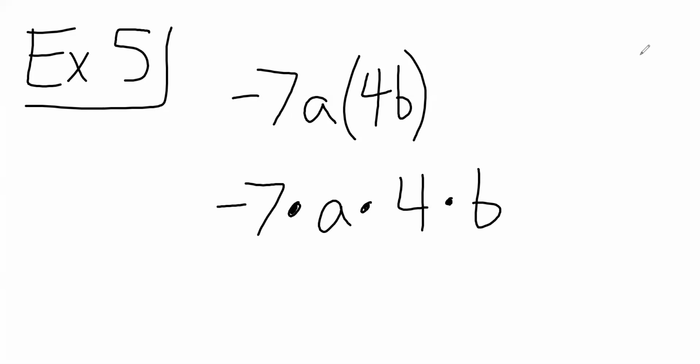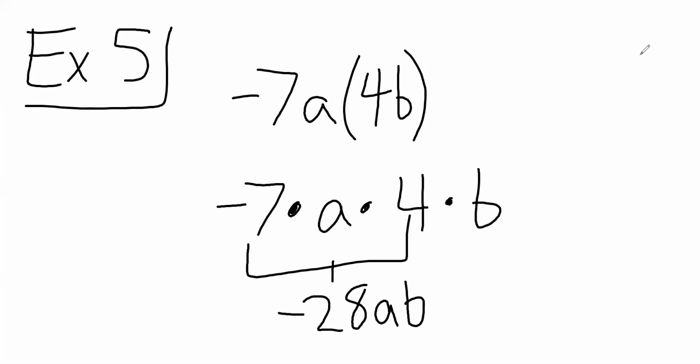What are the only two things there that are in common? Yeah, Madeline? -7 and 4. I'm going to multiply those two together, and what's that going to be, Ellen? -28. And then where do I put my A and my B, Logan? It's just going to be -28 times A times B. Sweet, we're getting into real algebra. I like working with unknown variables.